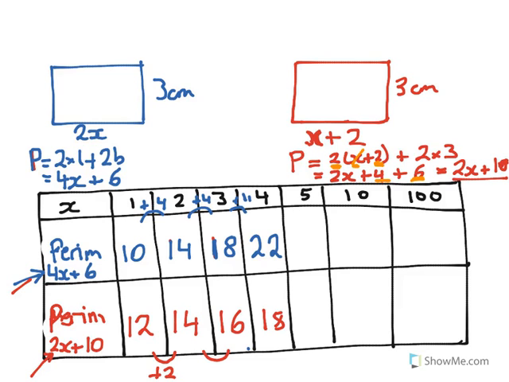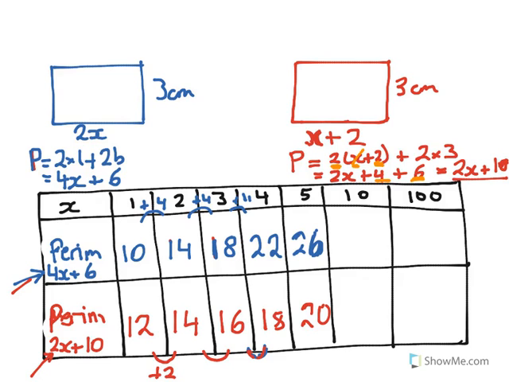Okay, so then we actually don't need to calculate the 5. We can be pretty certain that the perimeter of the red rectangle is going to be 20, and the perimeter of the blue rectangle is going to be 26.